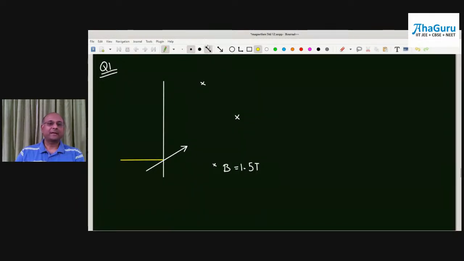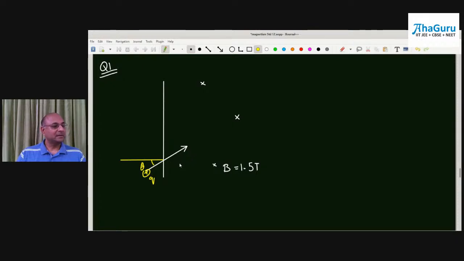And the velocity vector, it is given that this velocity vector is making an angle of theta. So there's a charged particle that's coming in, Q, and it is making an angle theta like this with the normal to the surface. Now you know that as soon as it enters, it is going to start curving around in a circular path. Now you can see that this velocity is perpendicular to the magnetic field, right?